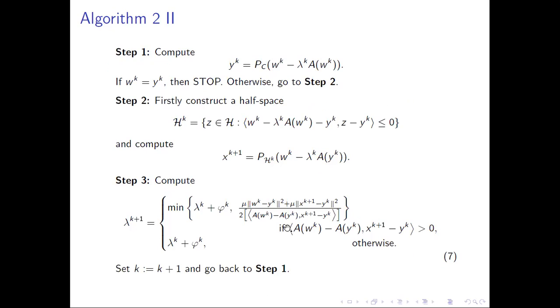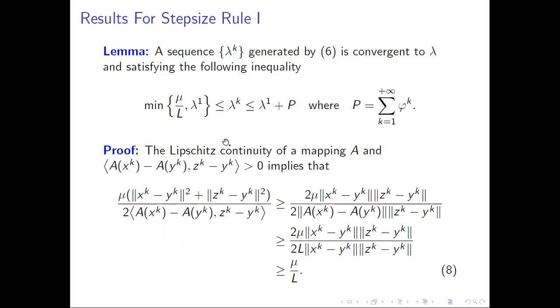For this step size rule, we need to prove that it is bounded below and convergent to some point. That's why we have this lemma to prove that the step size is bounded by this interval, and we can easily prove it by using the Lipschitz continuous property.